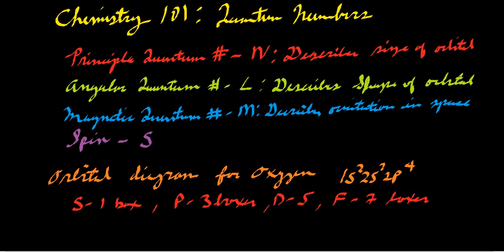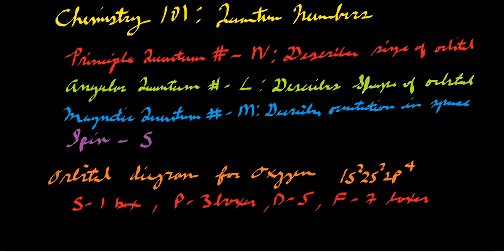You have the angular quantum number, represented by L, which describes the shape of the orbital. The magnetic quantum number, represented by M, describes the orientation in space. The reason why it's called magnetic quantum is because it was first observed in a magnetic field. And then the spin, represented by S, tells you the spin.